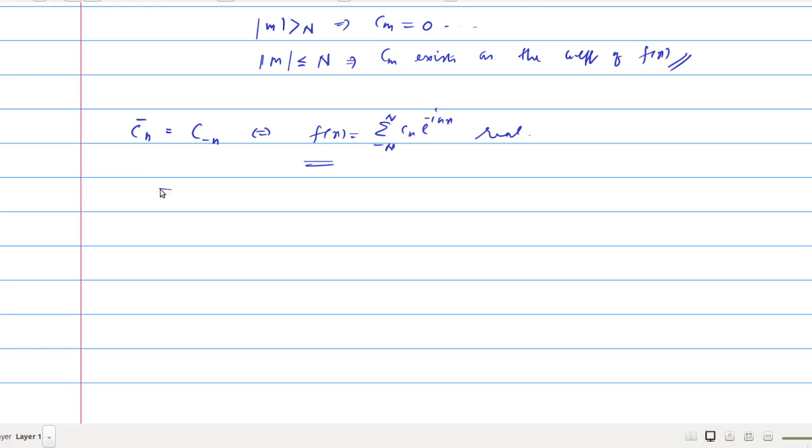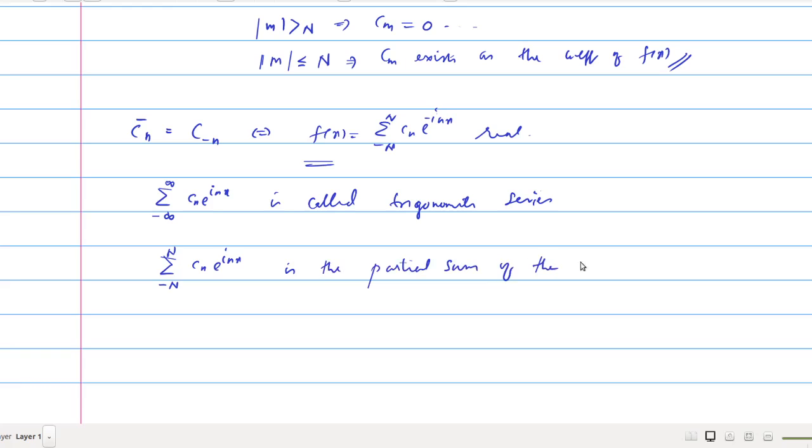So we write this as summation from minus infinity to infinity c n e power i n x. So this is what we call a trigonometric series. This is the definition of trigonometric series, and the corresponding trigonometric polynomial we discussed earlier is going to be the partial sum of this trigonometric series.